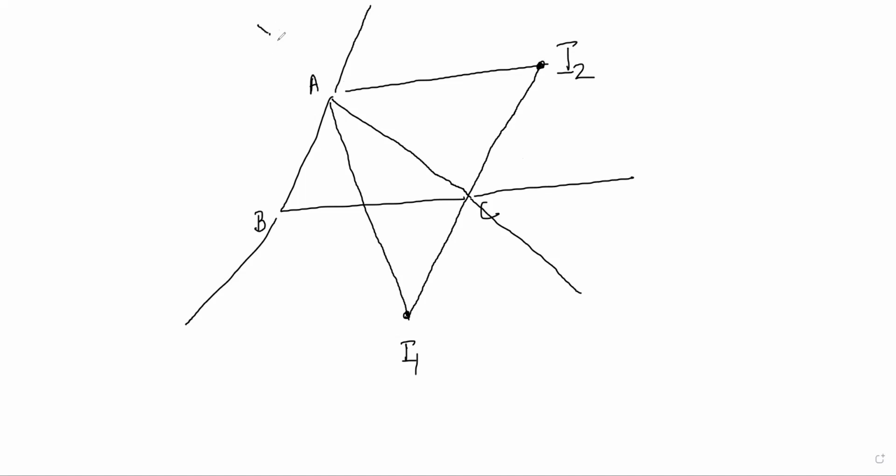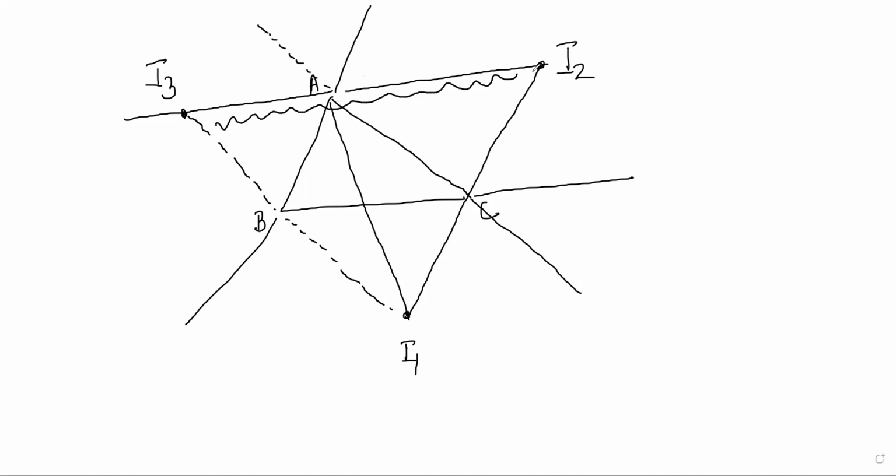And this will be your I3. When you extend these external angle bisectors, you will realize that I2, I3 is a straight line, because there will be only one external angle bisector. Like for angle A, when you draw one bisector here, this side also, this angle is also being bisected. So we have to find out the length of I2, I3. Think about it and tell me how you will do that.